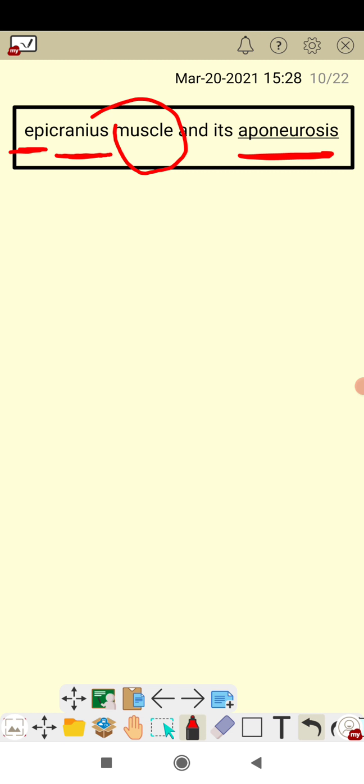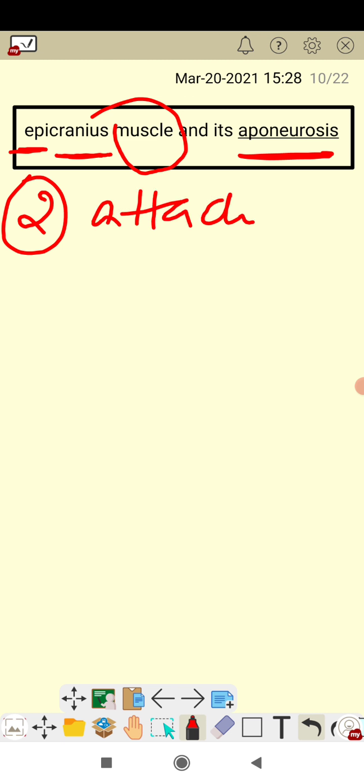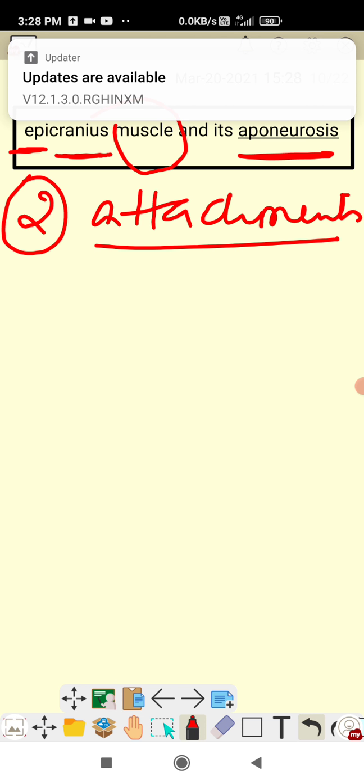In muscle we have to study two attachments. पहले हम बोलते थे origin insertion. Nowadays we call attachments. Now epicranius muscle and its epineurosis.